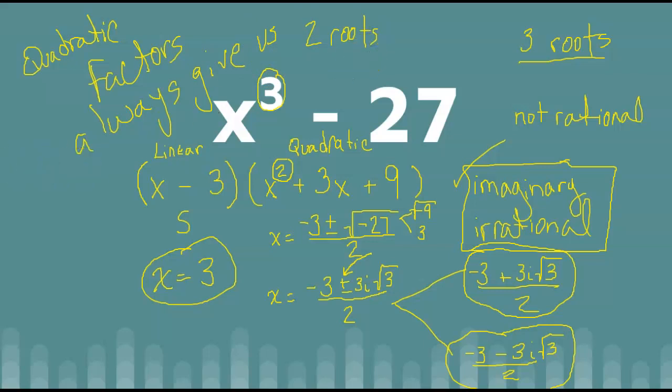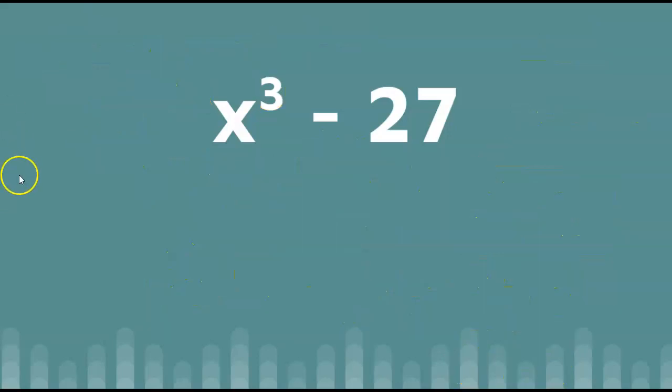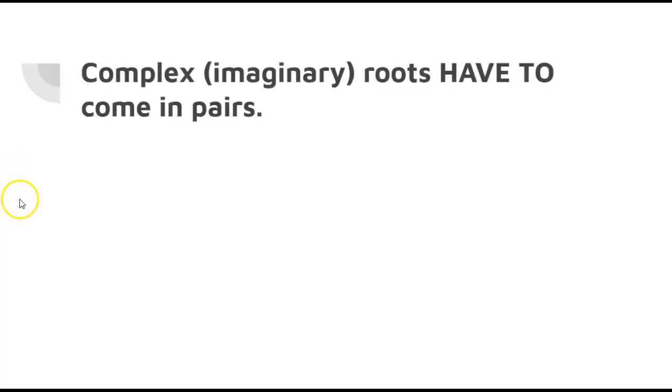So what do we even call that? If we take a look, our next rule tells us complex or imaginary roots have to come in pairs. You cannot ever have 3i as a root of a polynomial unless -3i is as well, because the only way we would have gotten an i answer is if we had taken the square root of a negative number.